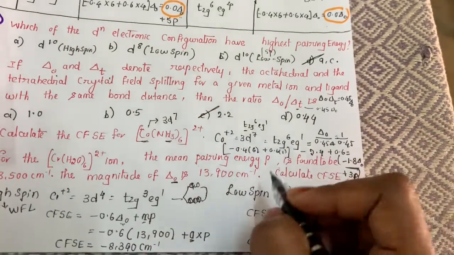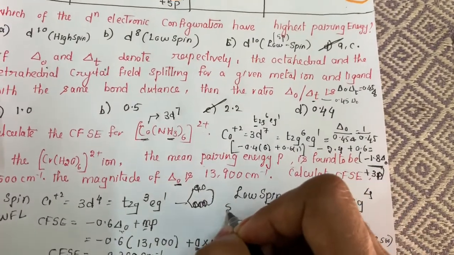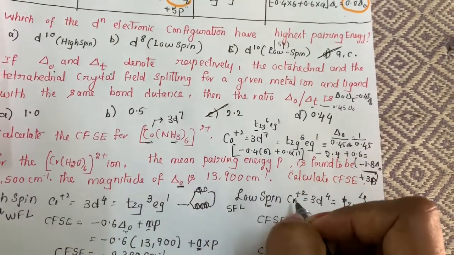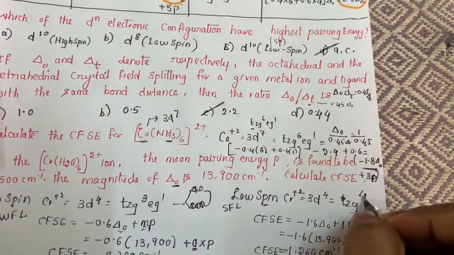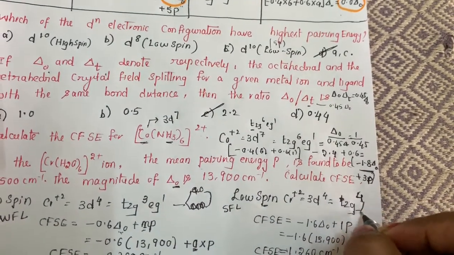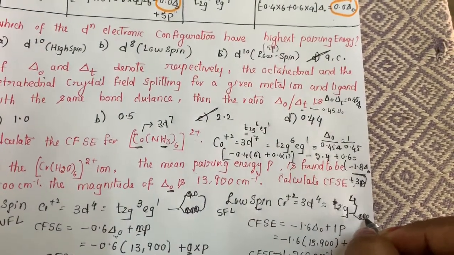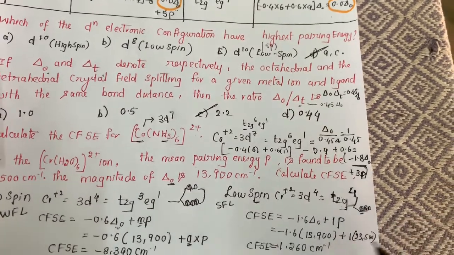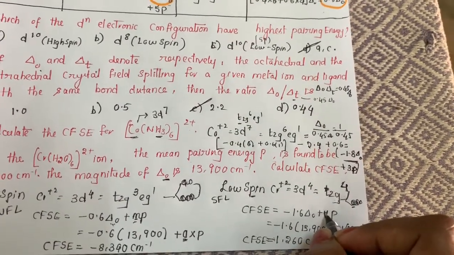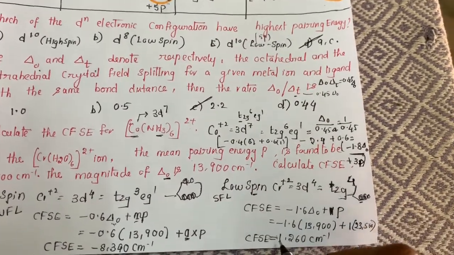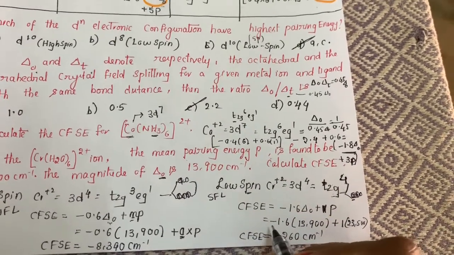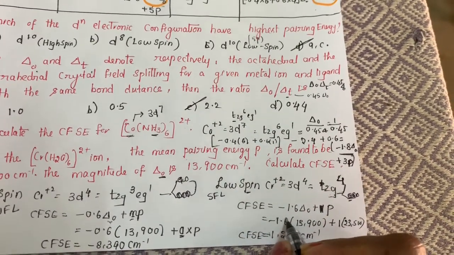But in the case of low spin, meaning strong field ligand, all the 4 electrons will enter the t2g level itself. So t2g level means 1, 2, 3, 4. There is one pairing energy also, along with delta O. We can substitute the same value, that is minus 1.6. Why 1.6?